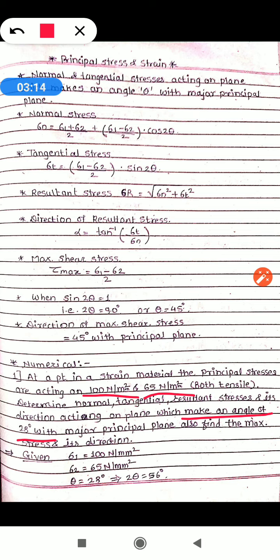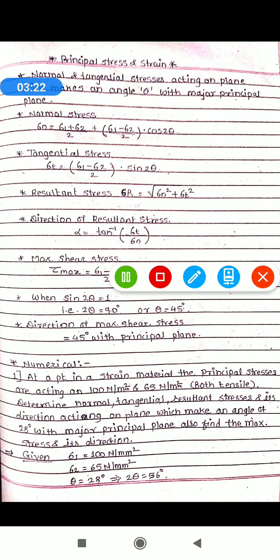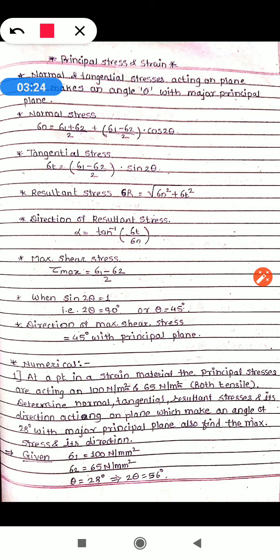So friends, in the numerical there are 3 values given. The first one is 100 Newton per mm square and it is tensile, so the major value we consider as sigma 1. After that, the smaller value is 65 Newton per mm square, again tensile. We consider it as sigma 2.